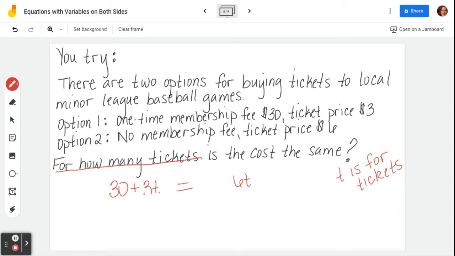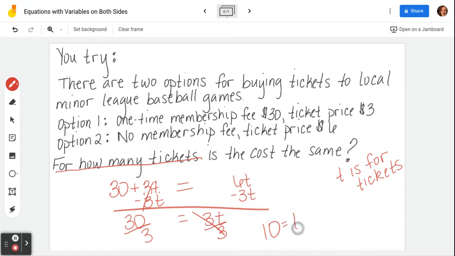So why mess with it? Let's just subtract our 3T. So now I have 30 equals 3T. Opposite of multiplying by 3 is dividing by 3. So that gives me 10 equals T. It's going to take 10 tickets for those two deals to end up being equal.